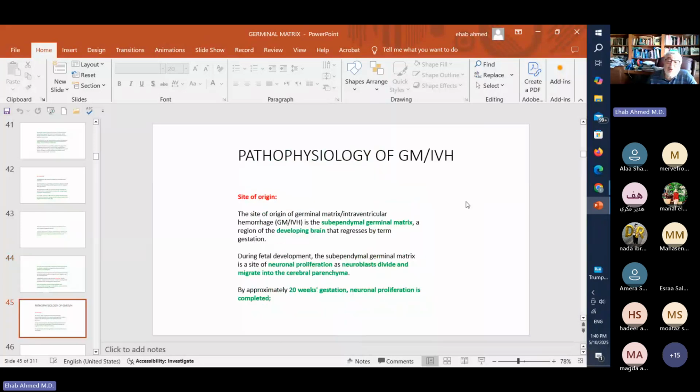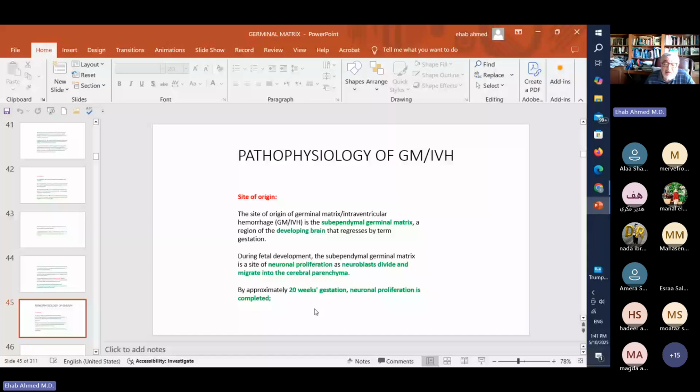Okay, what happens in GM-IVH? The site of bleeding is the subependymal germinal matrix in the lateral ventricles. And as we said, this is a site of neural proliferation, neuroblasts, or glioblast precursors, and angiogenesis. So this is a very important, critical site.